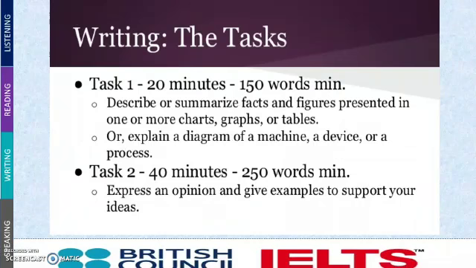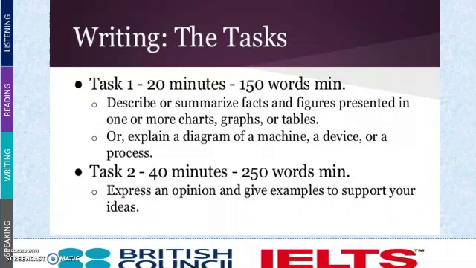Writing. Now, there are two tasks. Task 1 is 20 minutes and it includes 150 words, that is the minimum. For example, describe or summarize facts and figures presented in one or more charts, graphs, or tables.